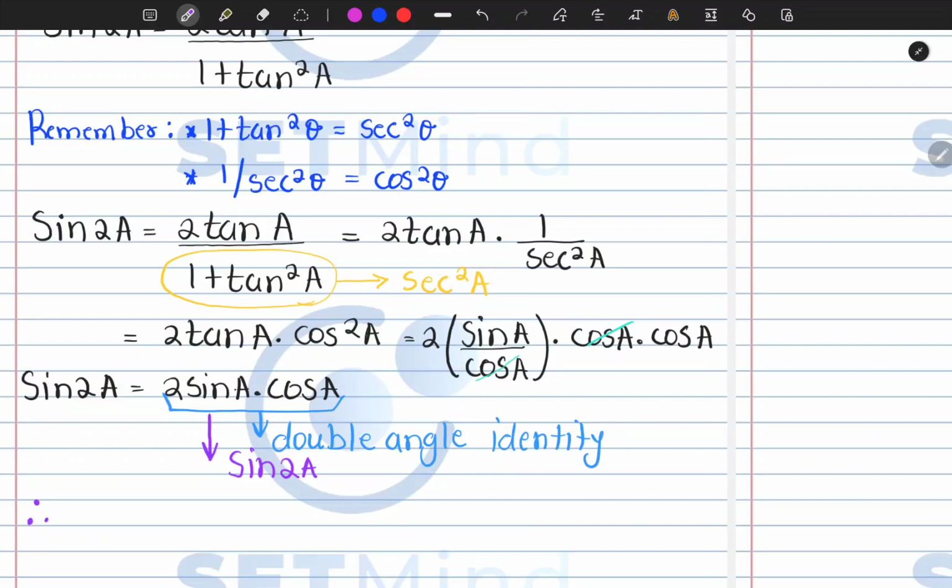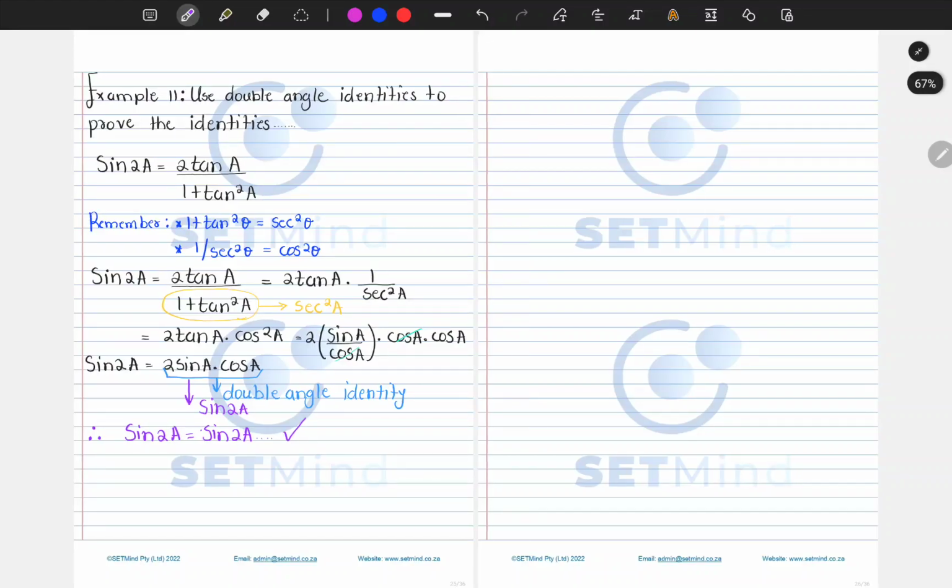So as you can see, therefore, our sine of 2A is indeed equal to sine of 2A. So we're done with that problem. I hope it does make sense. Just give it some thought.